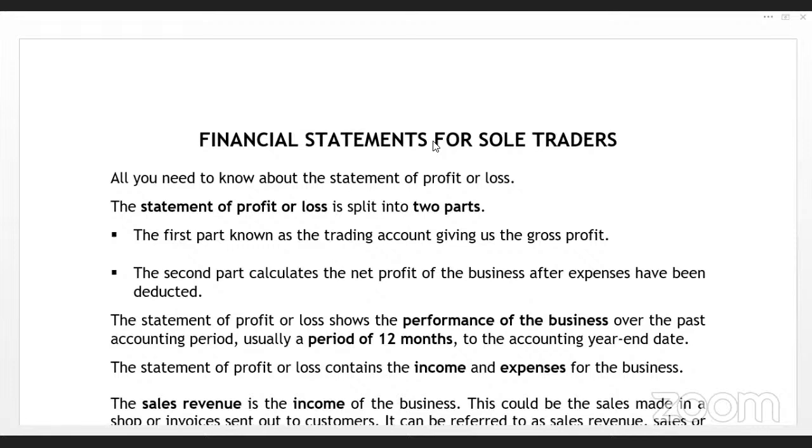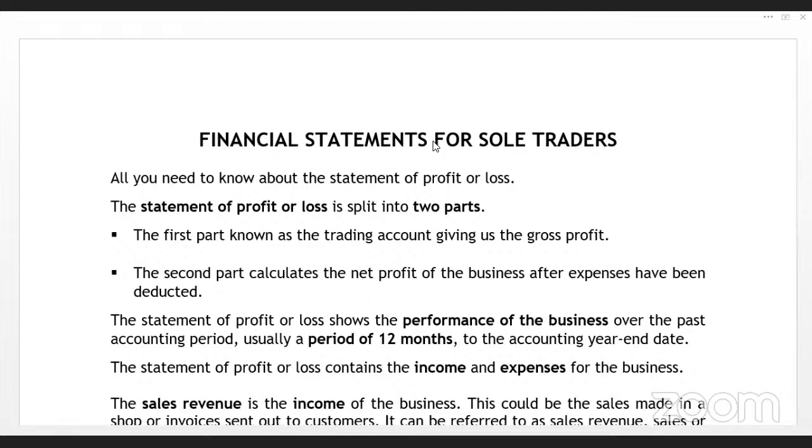When it comes to the financial statements, what you have to know is that the statement of profit or loss has two parts. It has what we call the trading account, and then it also has what we call the profit and loss account.